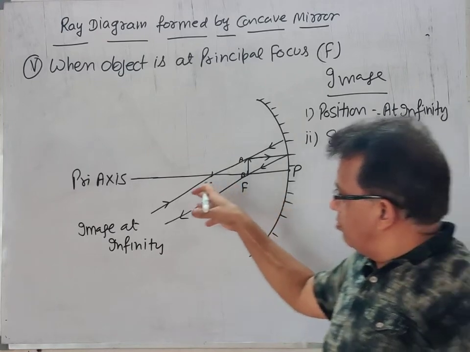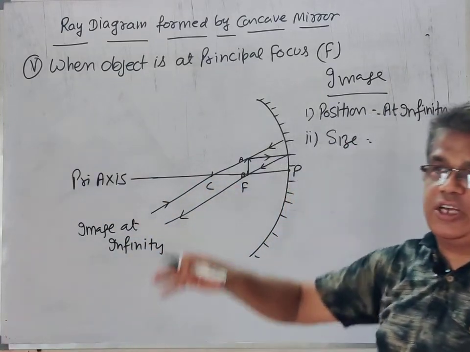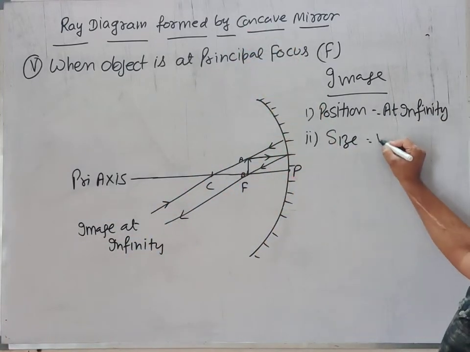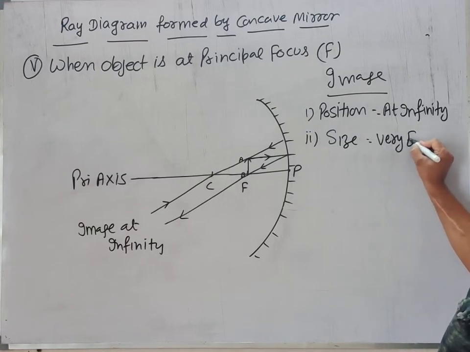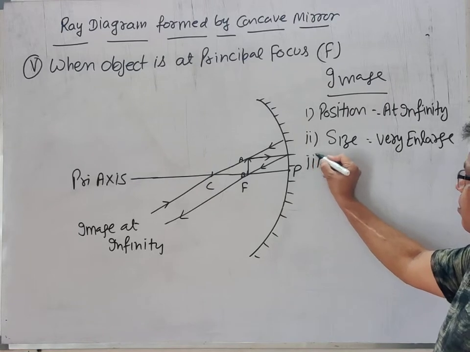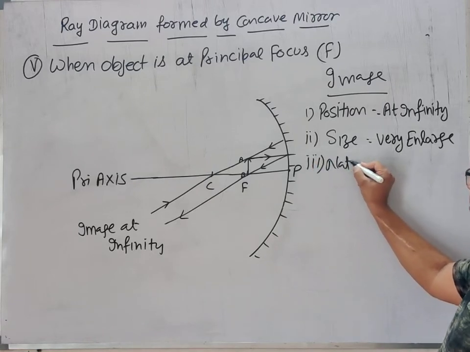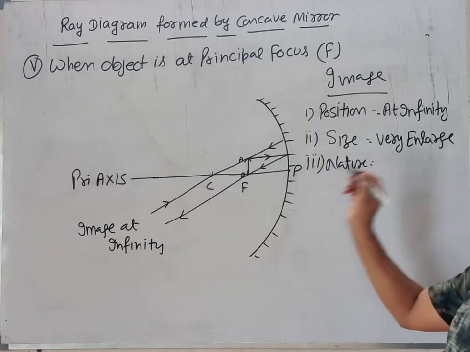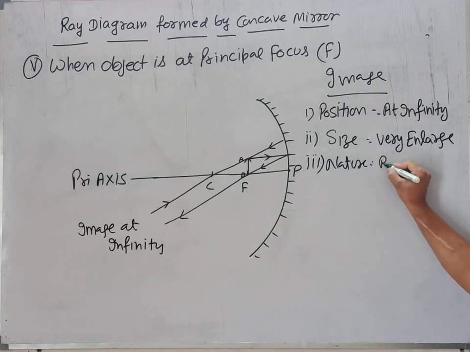It will be formed at a very large distance, so it is very enlarged. And then nature, as in all cases on this side, therefore real and inverted.